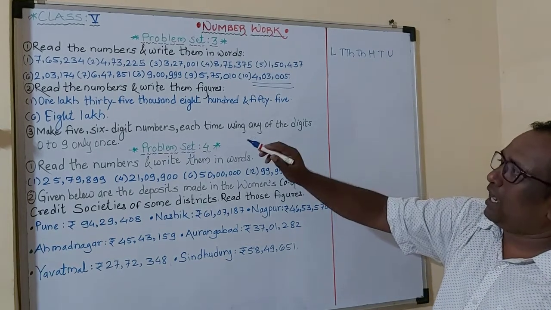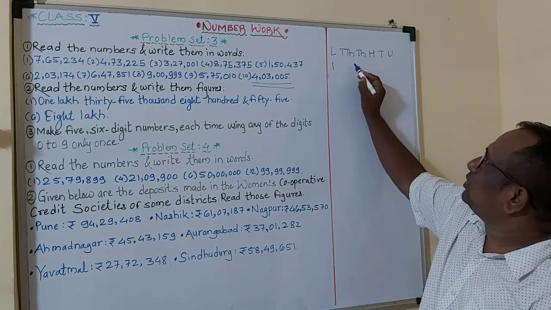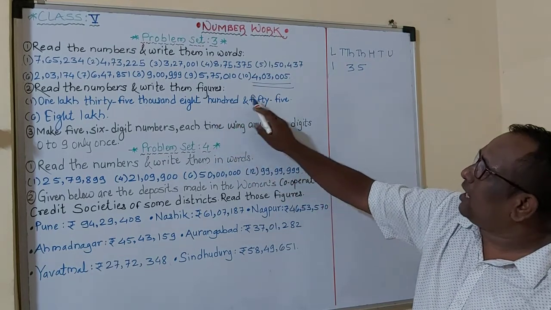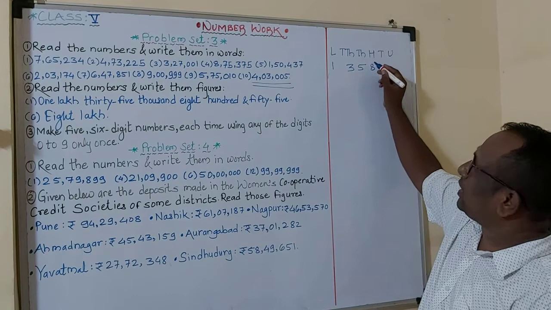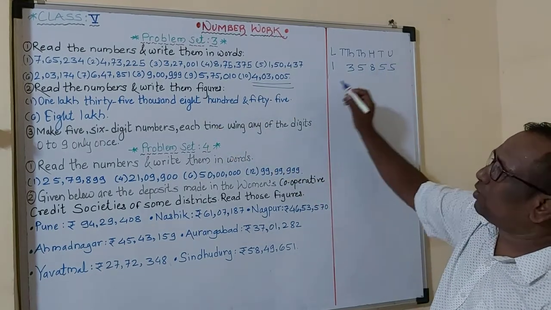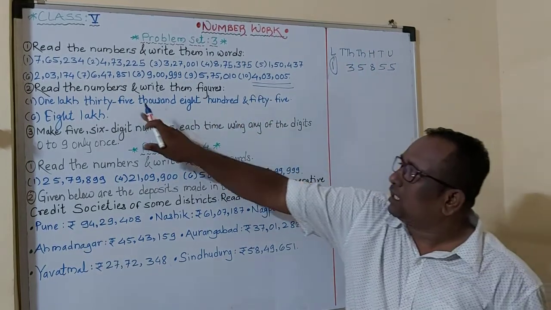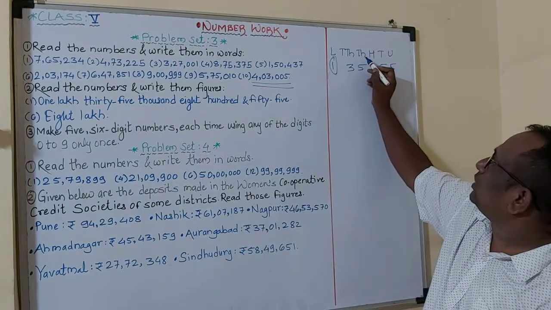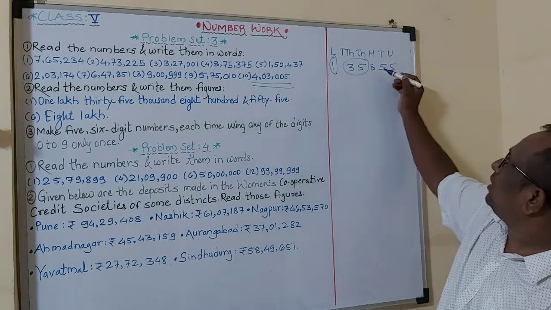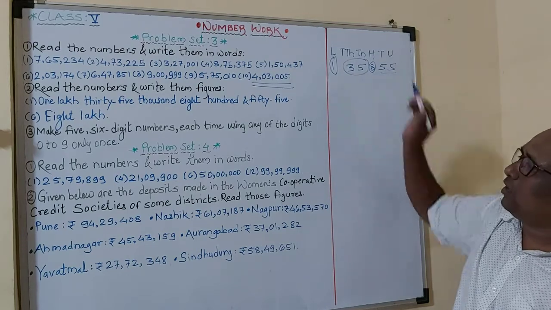So 1,35,855. Lakh place 1, so 1 lakh, then 35,000 and 855. See students, 1 lakh, then 35,000. The 10,000 and 1,000 places we read together, so 35,000, then 800, 8 is at the 100 place, and 55 here. This way you have to write.